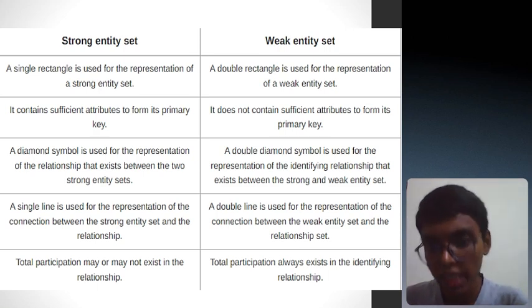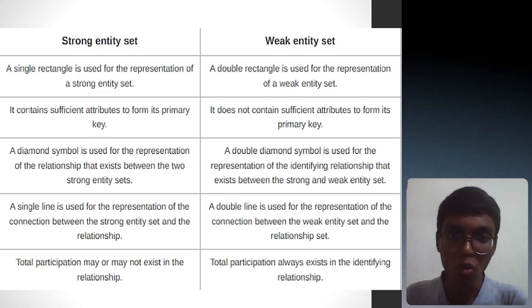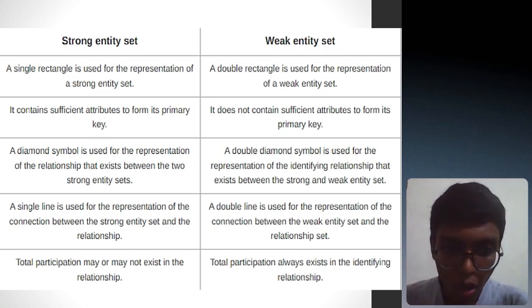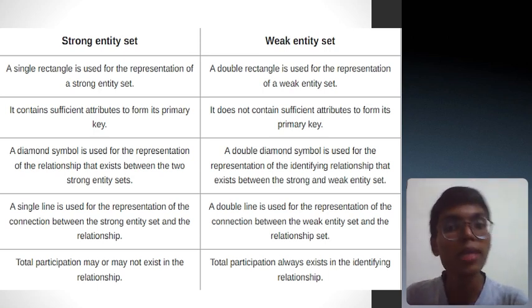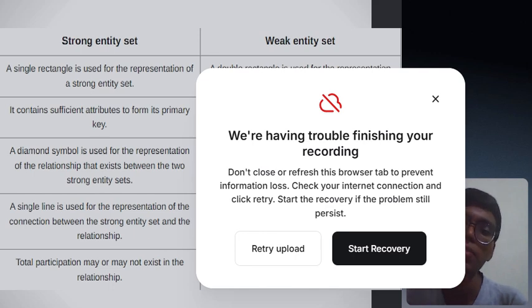In a strong entity set, total participation may or may not exist in the relationship, while in a weak entity set, total participation always exists in the identifying relationship. In summary, if the entity is strong, it is shown by a single line only, and if the entity is weak, we represent it by a double line.